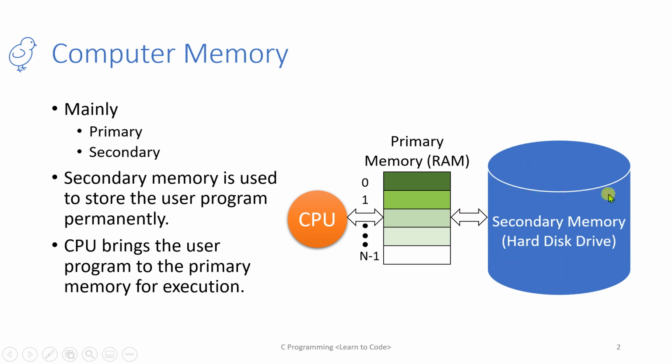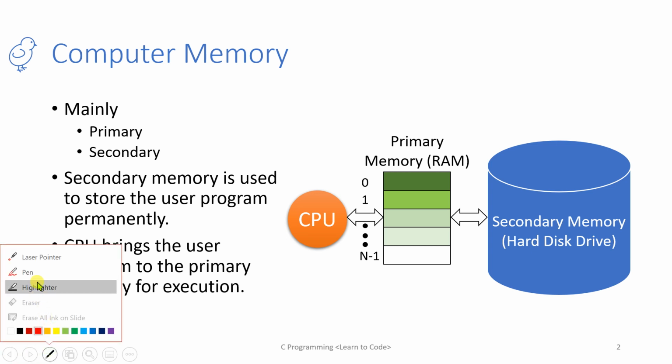So from the programmer's perspective, the programmer needs to write the program, and he must be able to store his program permanently in the computer memory, right? So here you can see this secondary memory is actually used by your user to store his program. And if the user wants to execute the program and find out some output from that program execution, then those programs need to be loaded into the primary memory.